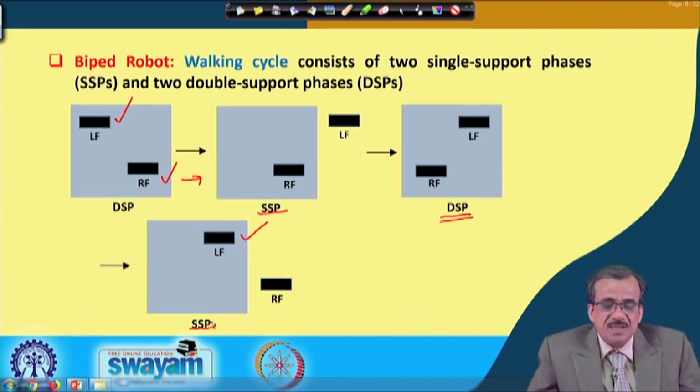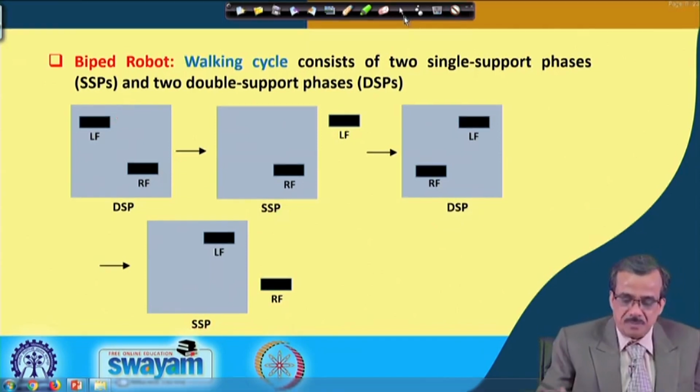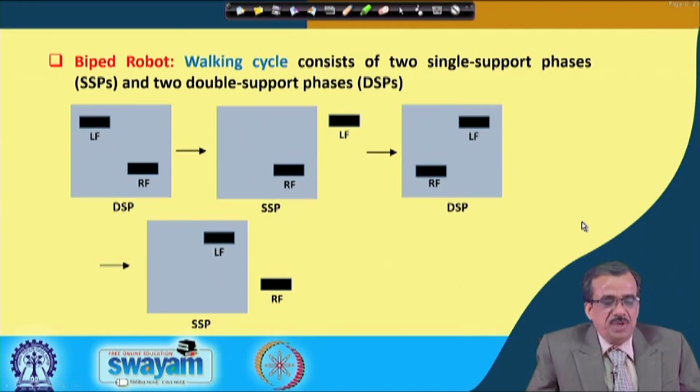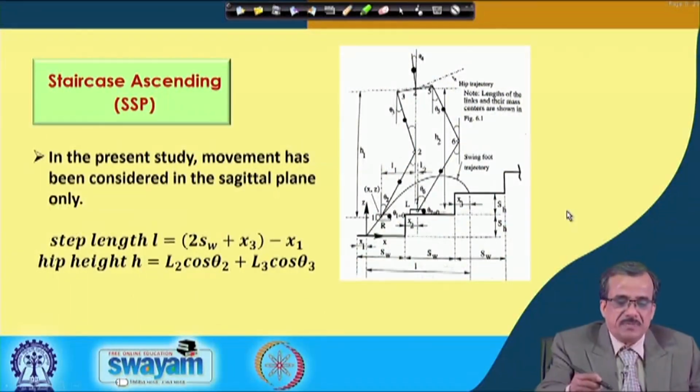So, one walking cycle consists of 2 single support phases and 2 double support phases. While walking, the biped robot or the humanoid robot should be able to maintain its balance during both the single support phase as well as the double support phase.